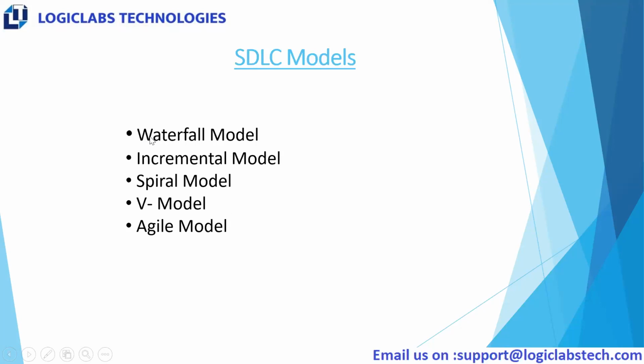The waterfall model was designed at the very beginning of the industry. When the software industry was at a beginning stage, they created the waterfall model and developed the product or project using it. This is one of the software development life cycles. Incremental model, spiral model, V model, Agile model.